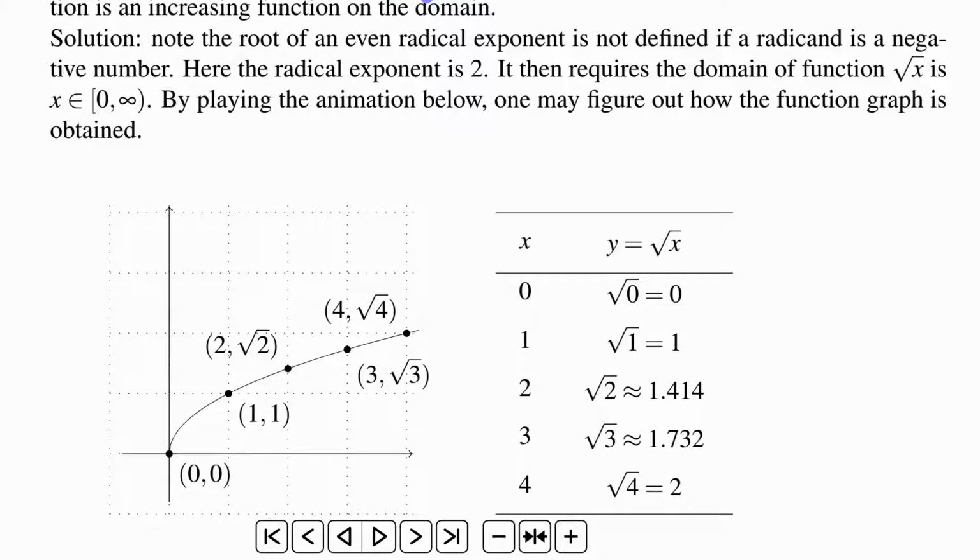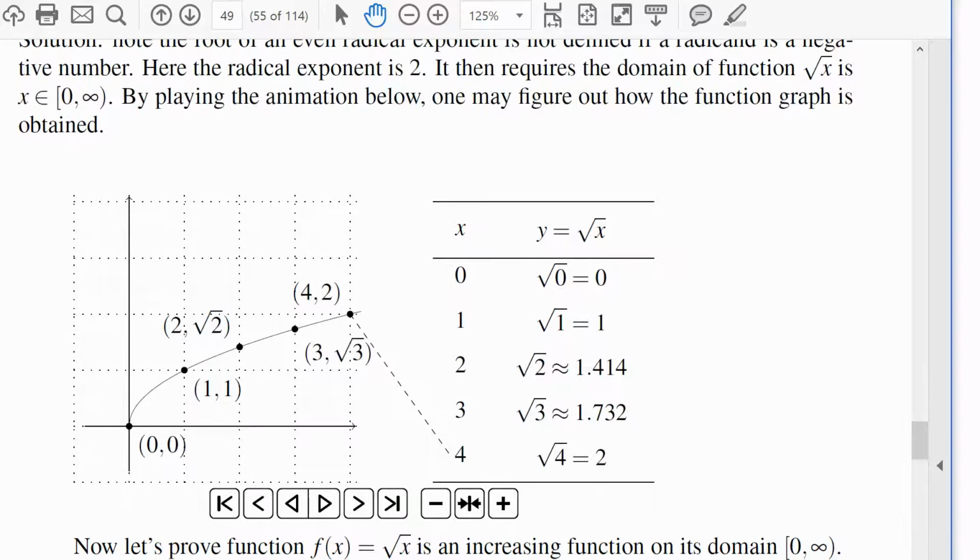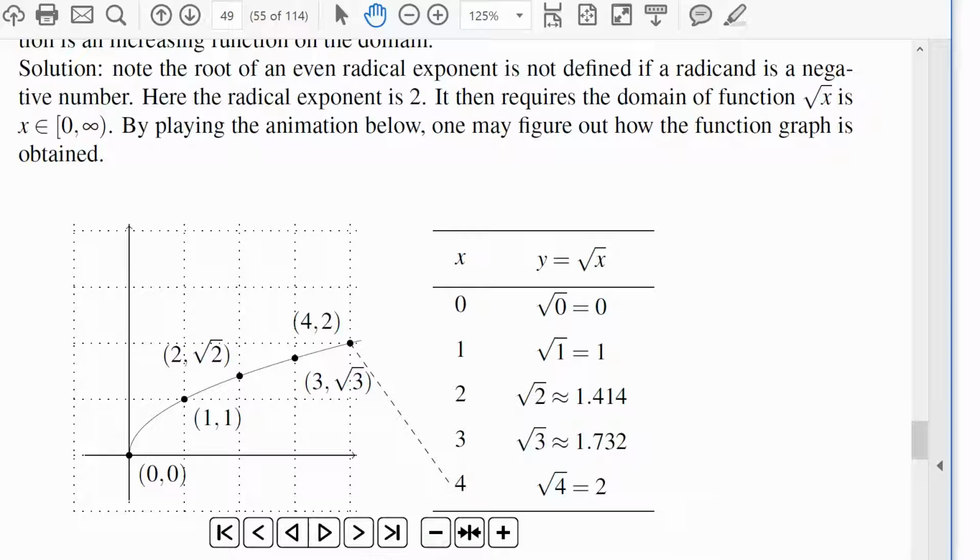Let's see how we actually got the graph of this one by looking at the animation, frame by frame.